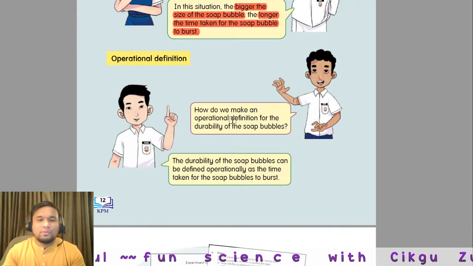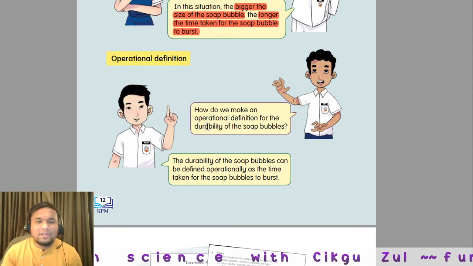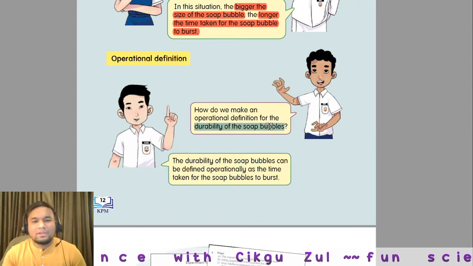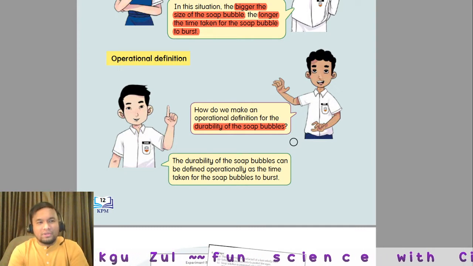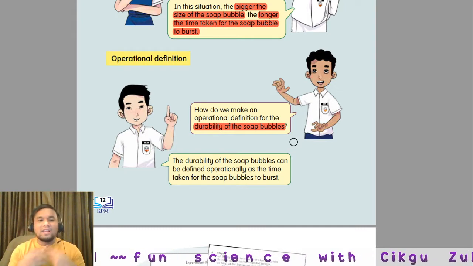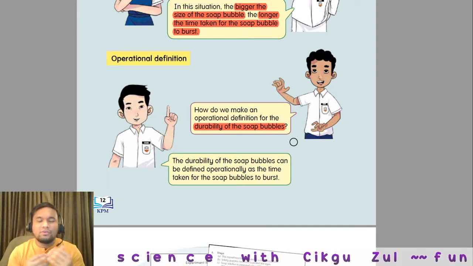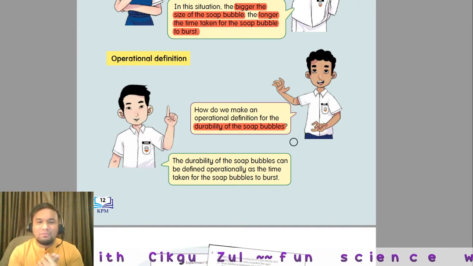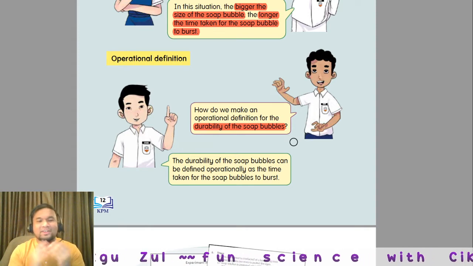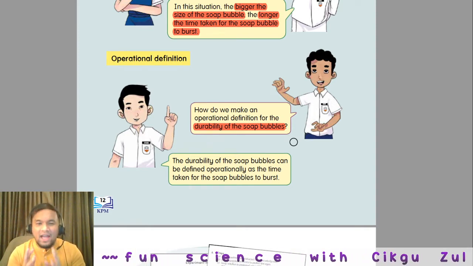So operational definition. How do we make an operational definition for the durability of the soap bubble? What is durability? Ketahanan. Durable maksudnya tahan. Contohnya kita beli alat mainan. How long is the durability of the toy? Tahan berapa lama kamu main alat mainan kamu? Kereta, durability maksudnya ketahanan dia.